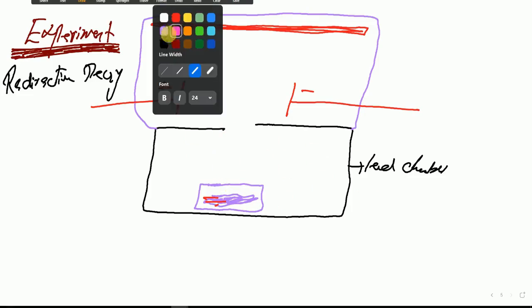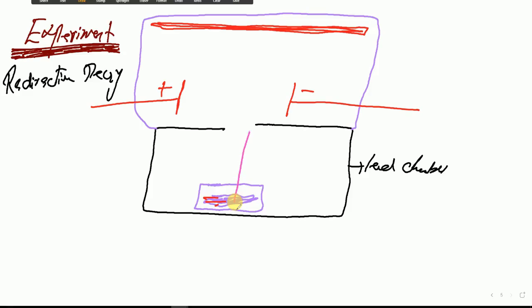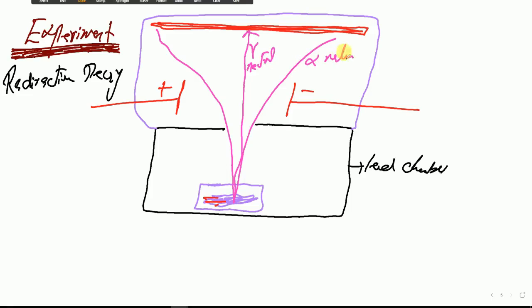So radiation is going like this. One radiation goes like this, attracted toward the negative electrode. Another radiation is attracted toward the positive electrode, and the third radiation is going straight. No attraction or repulsion occurs in this radiation. So this radiation we call the gamma radiation, which is neutral. This radiation is the alpha radiation, and this radiation has a beta nature, which has negative charge, and this has positive charge.